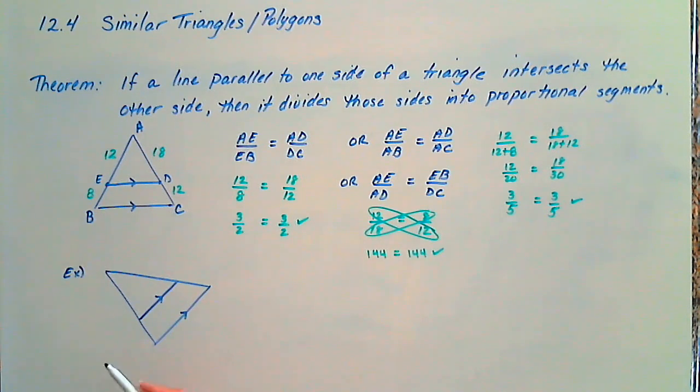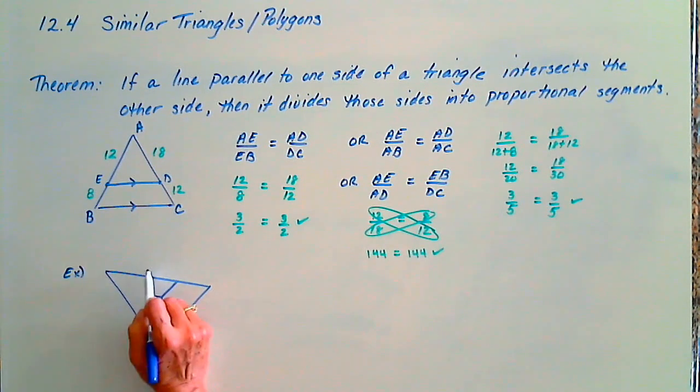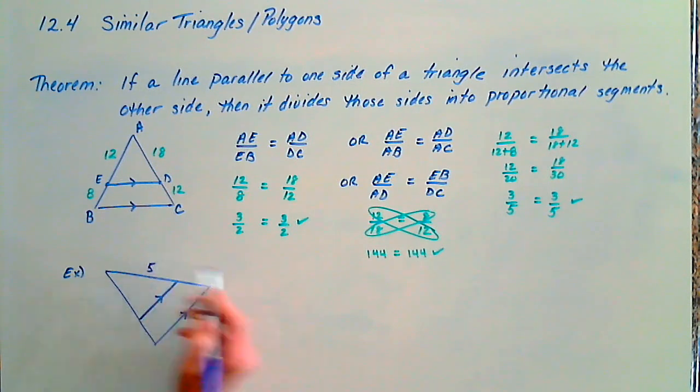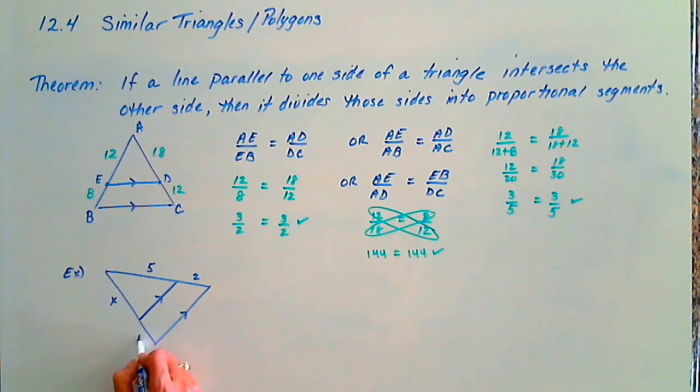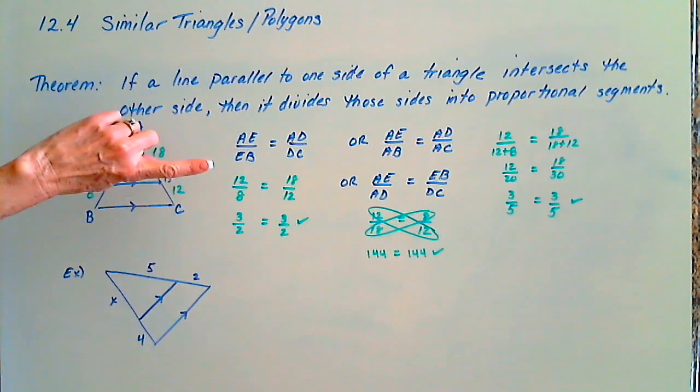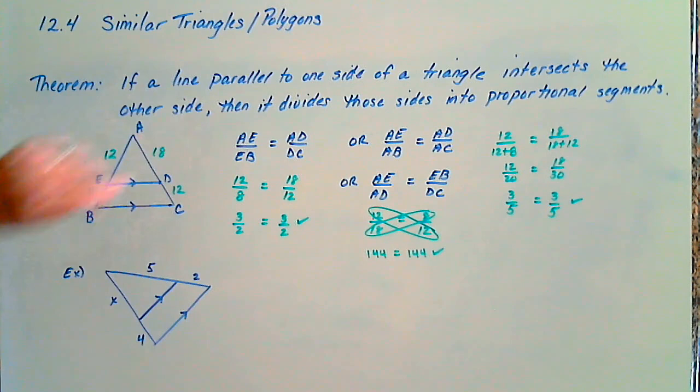Okay. So I'm going to tell you, this is not drawn to scale. I'm going to tell you that this piece is 5, this piece is 2, this piece is x, and this line segment is 4. So you have a choice as to how you want to set them up based on all the previous proportions that we did up here. Okay, so I'm going to try a couple of them just to show you.